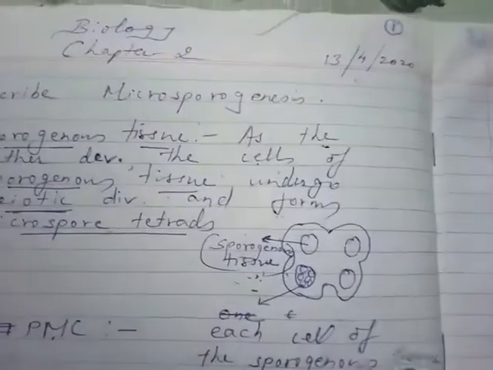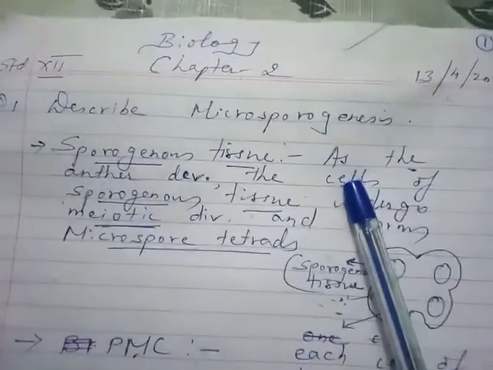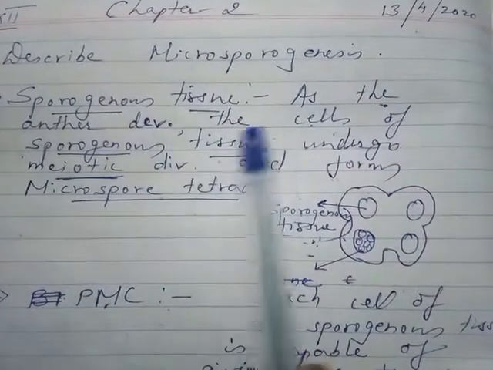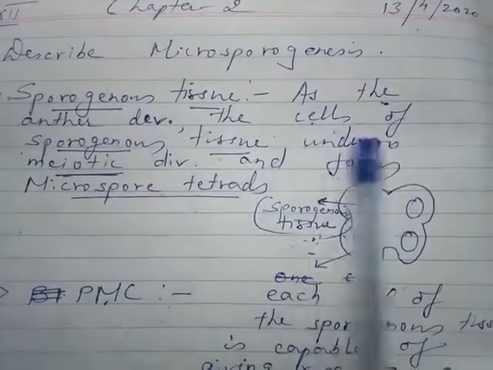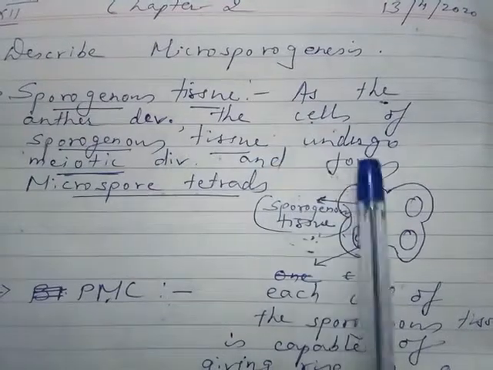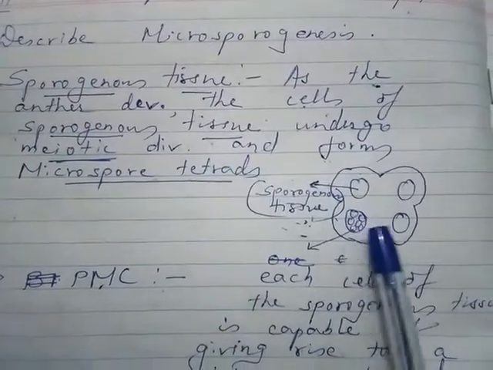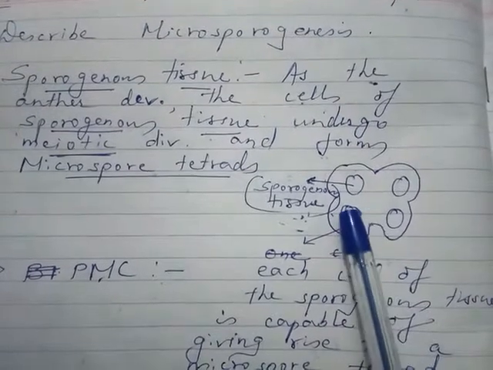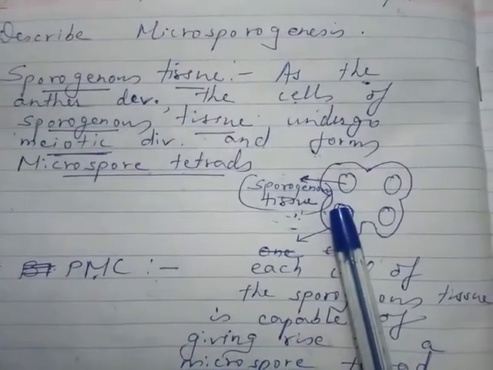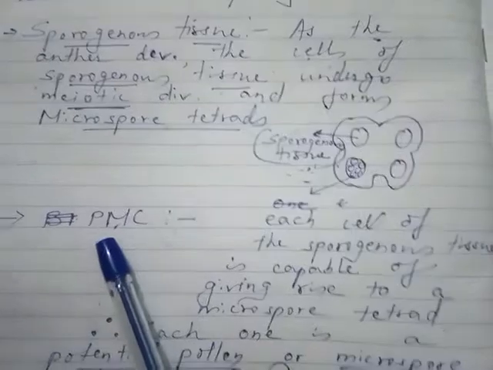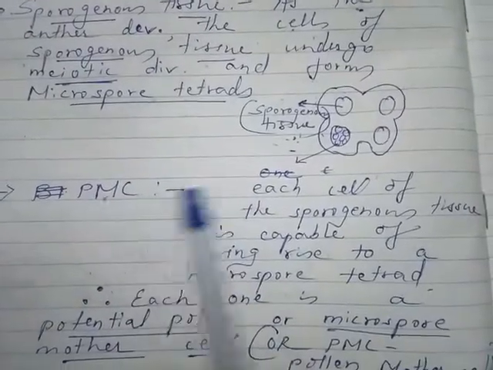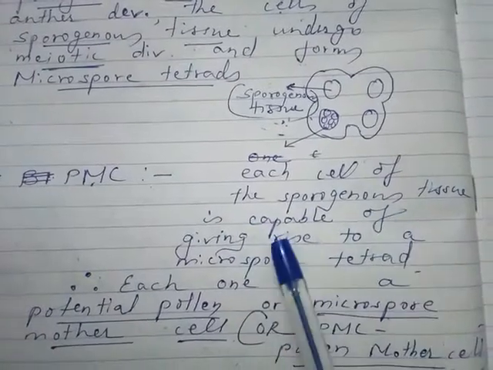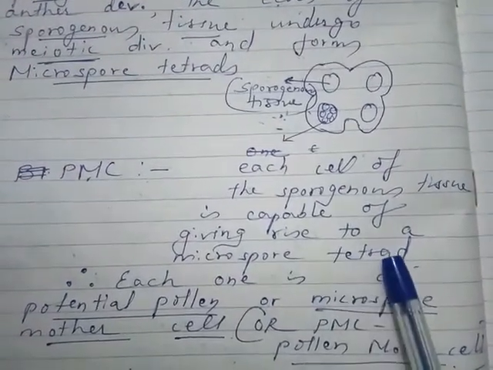Then describe microsporogenesis. As the anther develops, the cells of the sporogenous tissue undergo meiotic division and form microspore tetrads. The sporogenous tissue is also called the pollen mother cell. Each cell of the sporogenous tissue is capable of giving rise to a microspore tetrad.